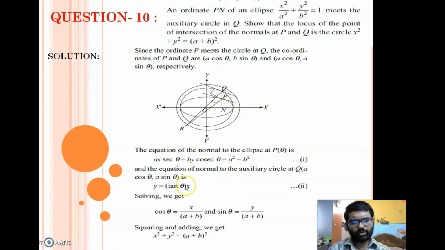Then we have to take the slope of that: y = tan θ · x. By solving these equations, we'll get cos θ and sin θ. Therefore, squaring and adding, that means we need to eliminate theta, then we'll get the locus of the required point.